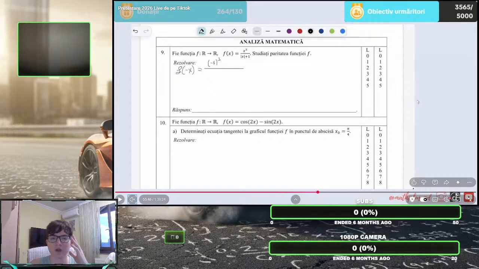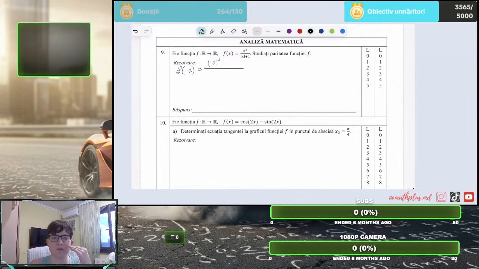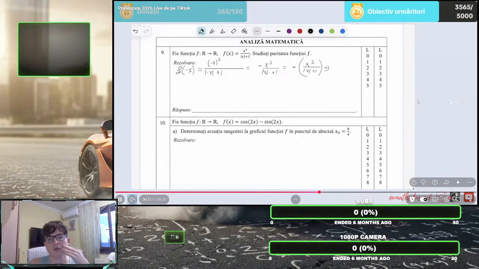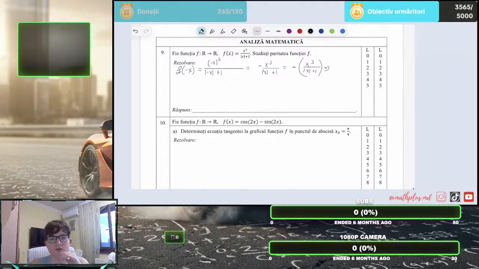So first of all, I need to replace it with f of minus x. So instead of x, you just write down minus x and plug everything in right here. So module of minus x is going to be x, so minus x to the power 3, x plus 1 below. All of it's minus like that. And so we have understood that f of minus x is essentially minus f of x.